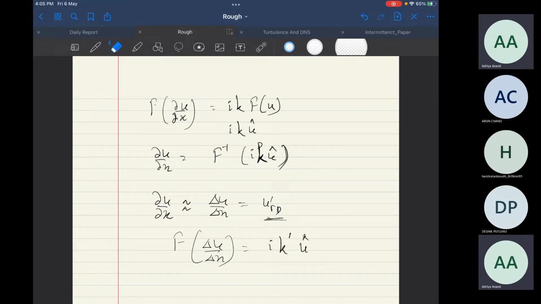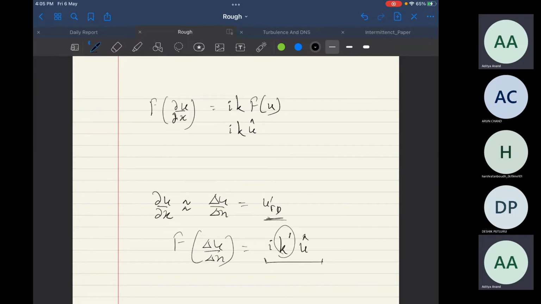So for the actual derivative, you have i k times u hat, and when you take the finite differences, you have an analogous expression, but with a modified wave number k prime. How different this k prime is from k will quantify the error that the finite difference scheme has brought about.